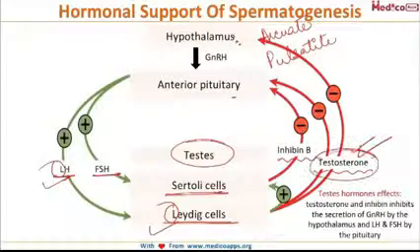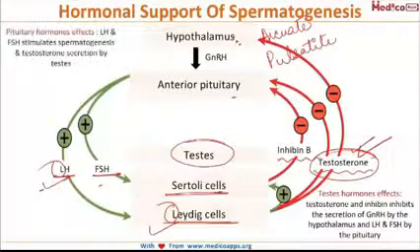Now testosterone is the main hormone involved in spermatogenesis, but LH and FSH are the accessory hormones responsible for spermatogenesis. So if your question is the main hormone needed for spermatogenesis, your answer will be testosterone. But if you have an option in which you have testosterone, LH and FSH all, that answer will be more correct.